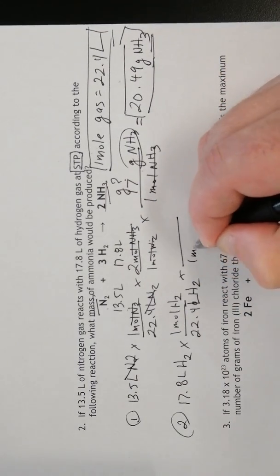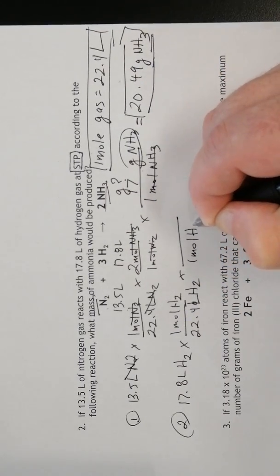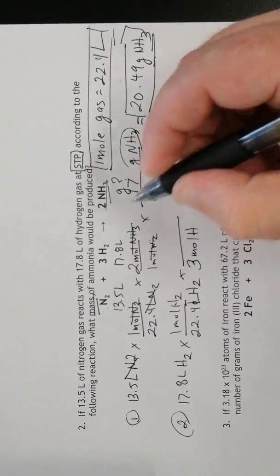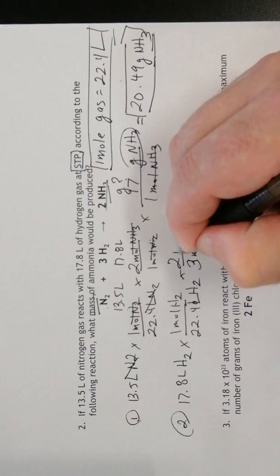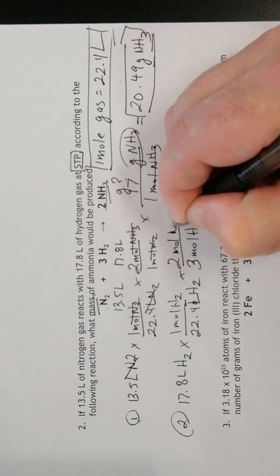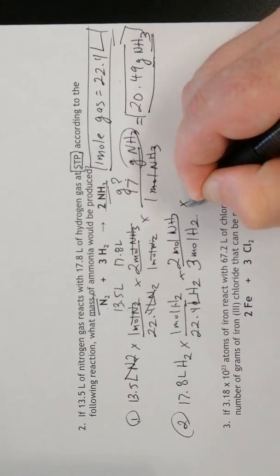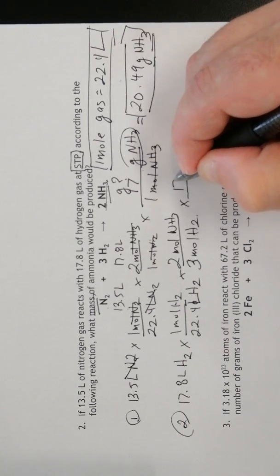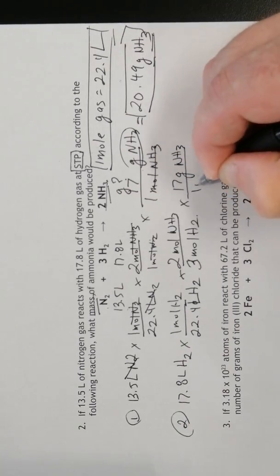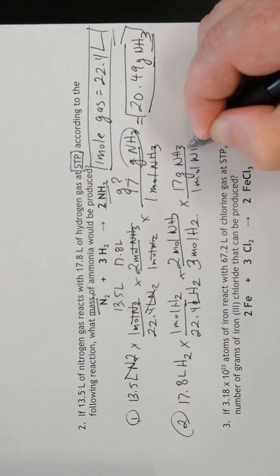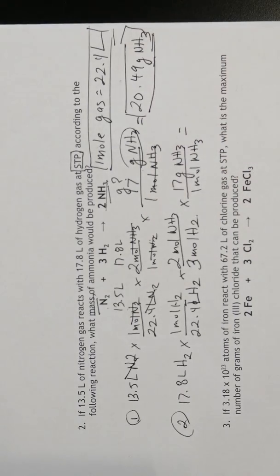And then 1 mole of, no, I don't have 1 mole, Mr. Harrison, I have 3 moles of hydrogen gas, 2 moles ammonia, multiplied by, and I know it's 17 grams to 1 mole NH3.